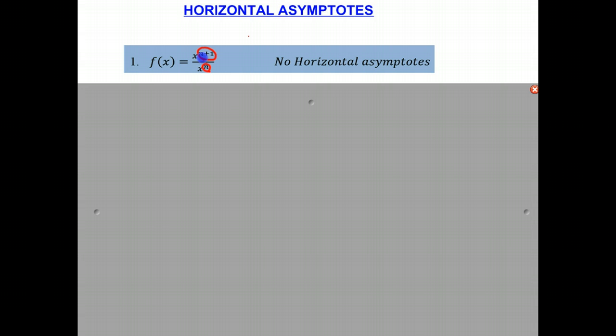So if the degree of the numerator is greater than the degree of the denominator, then there are no horizontal asymptotes. Well, let's look at an example.